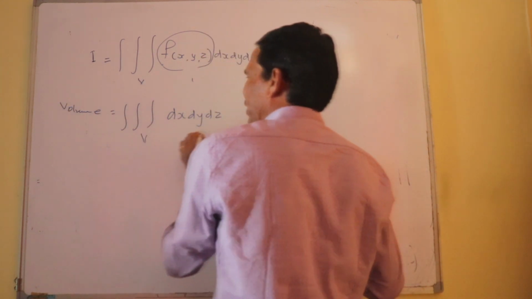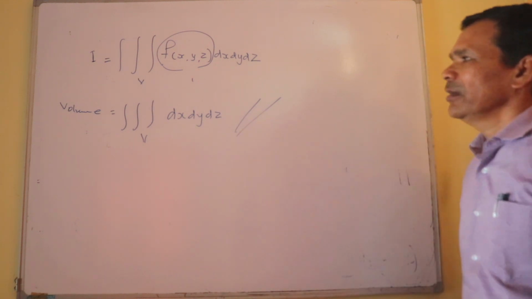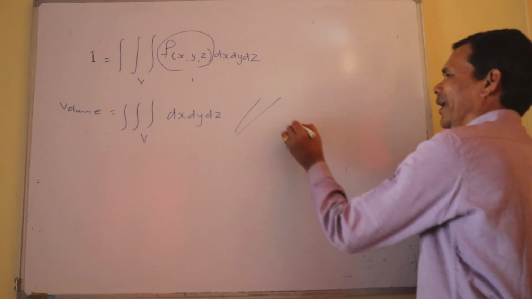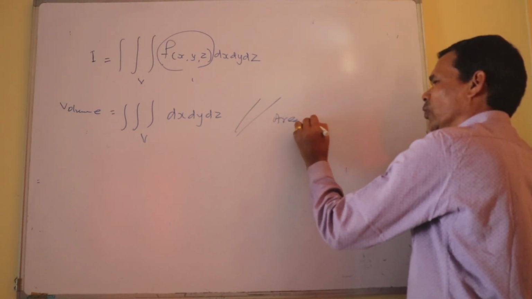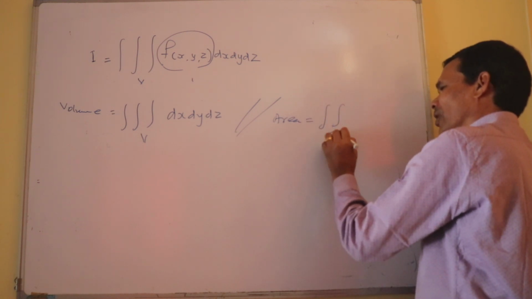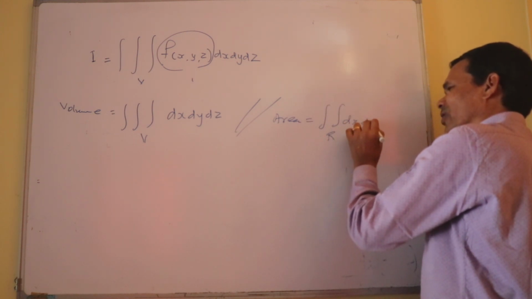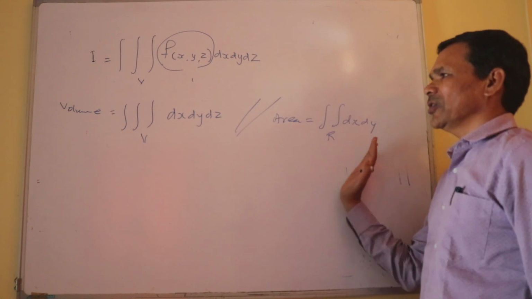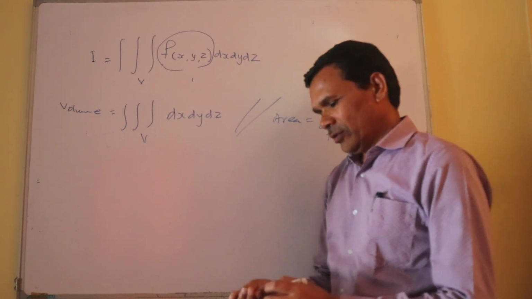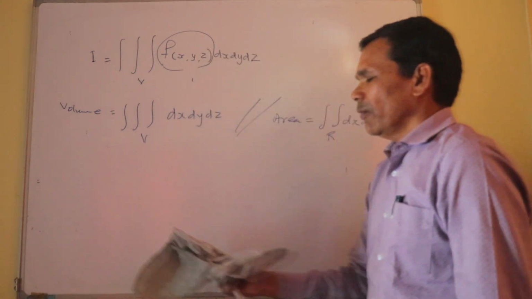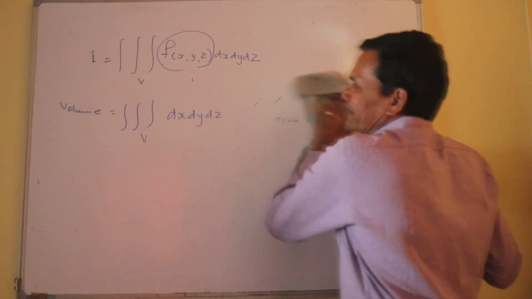So let us see some examples to calculate the volume here, because you know area is given by the formula double integration of dx dy. It is just an extension in the third dimension. This is area, this is volume. So let us see an example on this.